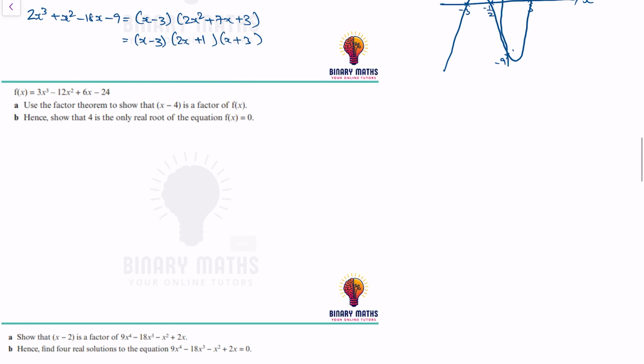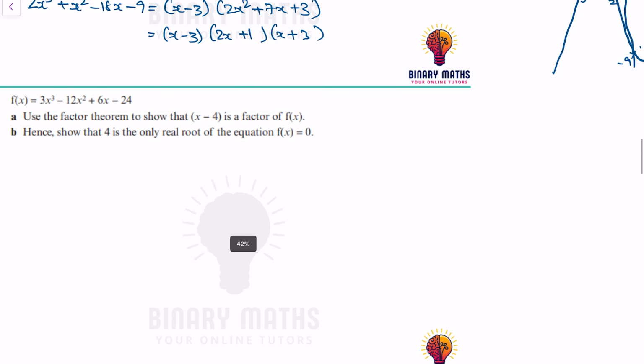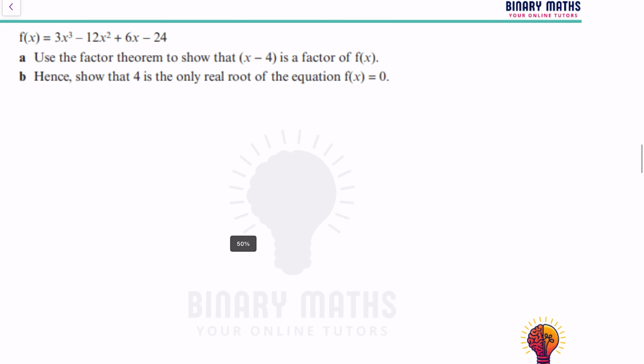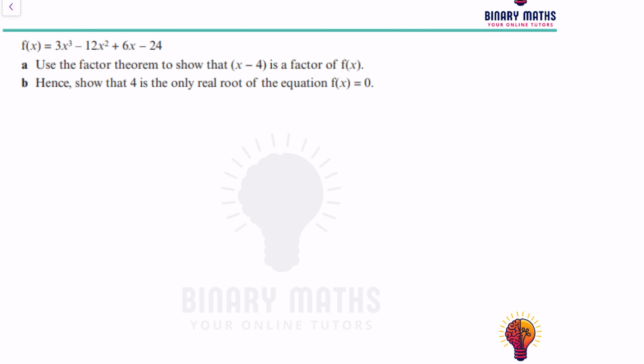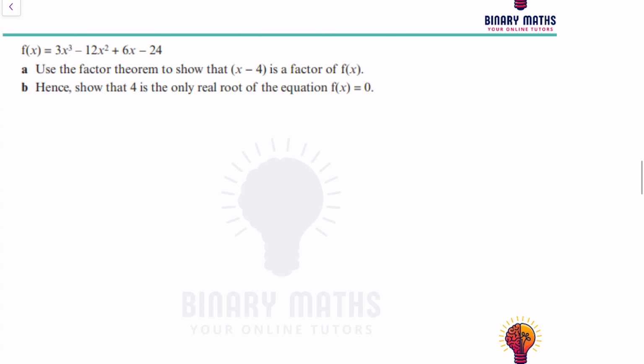Okay, next question. So f of x is equal to 3x cubed minus 12x squared plus 6x minus 24. Use the factor theorem to show that x minus 4 is a factor of f of x.